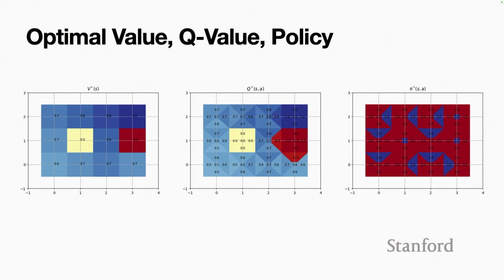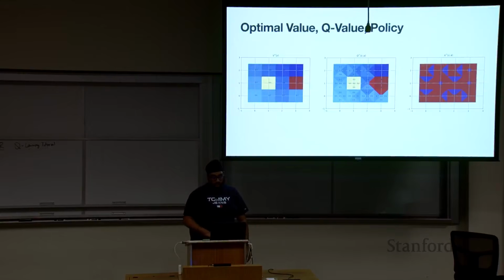Additionally, there's the Q star, which is the center thing that we were just looking at. You can either get this through convergence of the algorithm that we were just describing, or you can also calculate it analytically. Finally, there is the policy, and the policy is going to be a deterministic function.